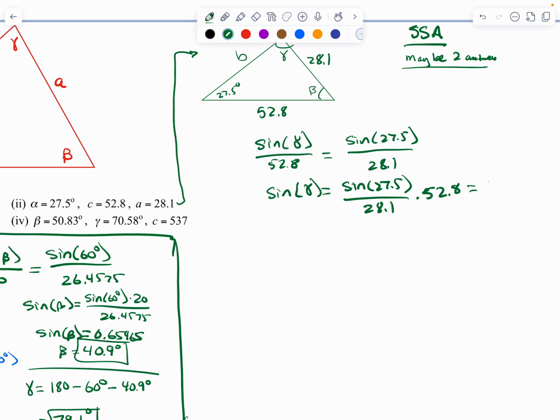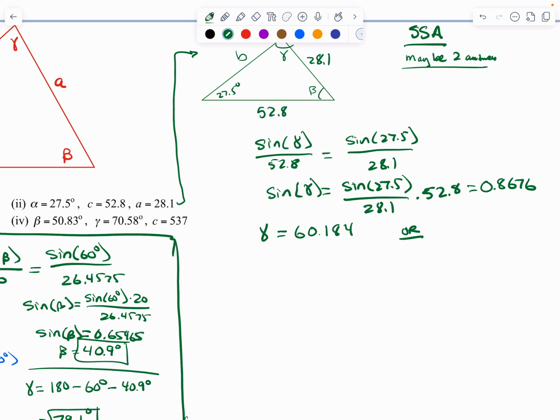So that equals 0.8676. So here we could have a gamma, so I'll just do the inverse sine of that number. And I got 60.184.